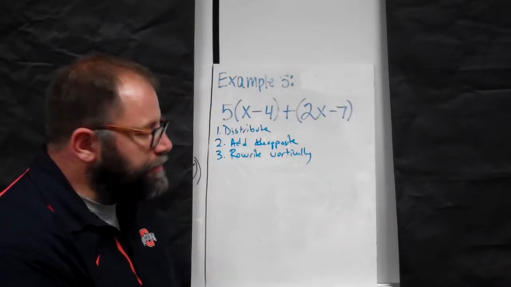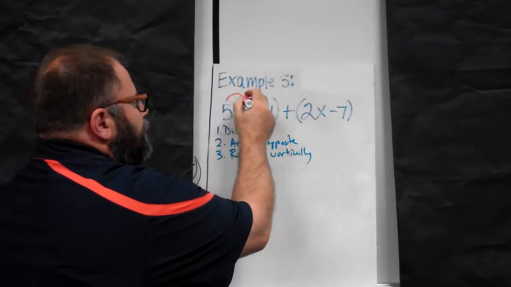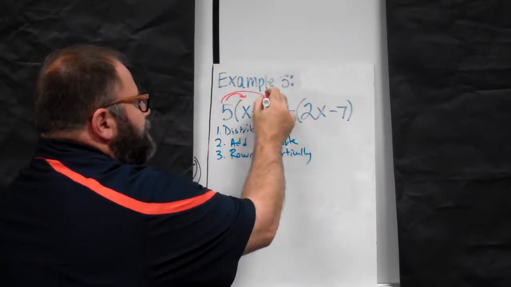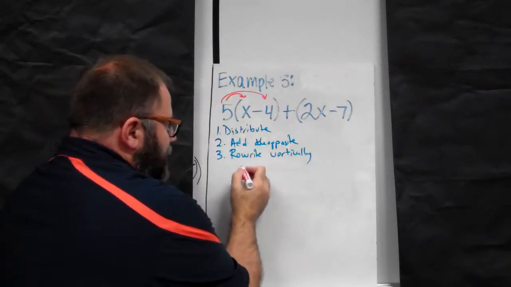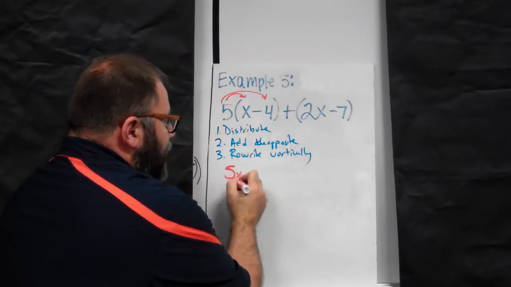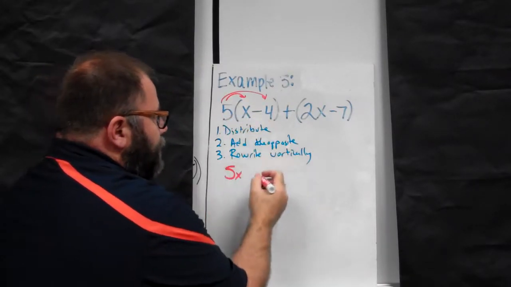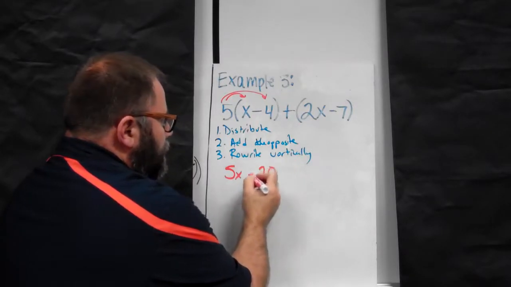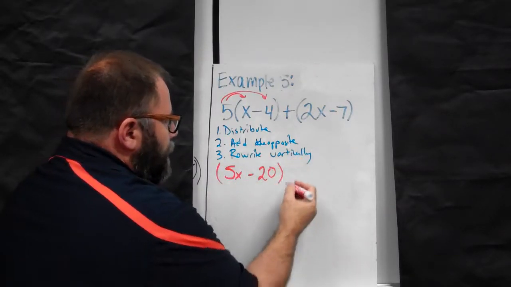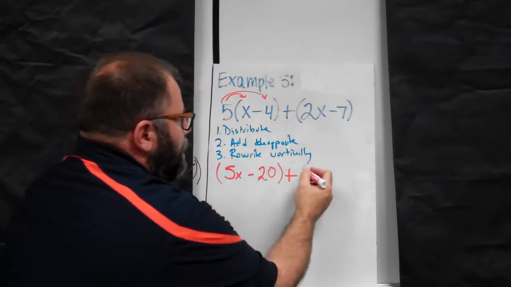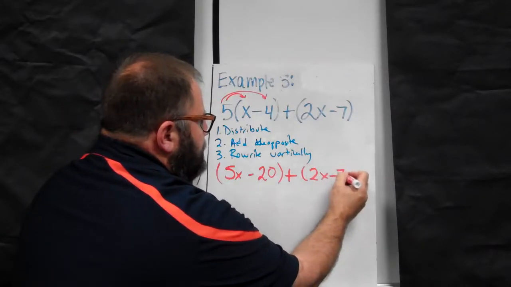So distribute first, and when we distribute, we multiply by the first and by the second. So 5 times x is 5x. 5 times 4 is 20. We still have our negative sign there. Plus, and we have 2x minus 7.